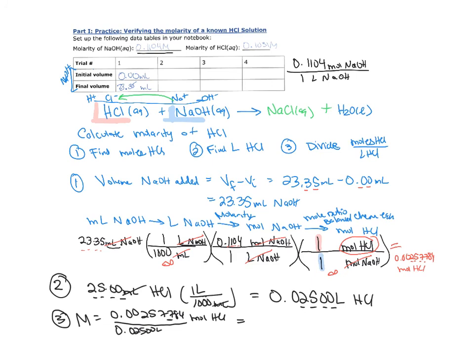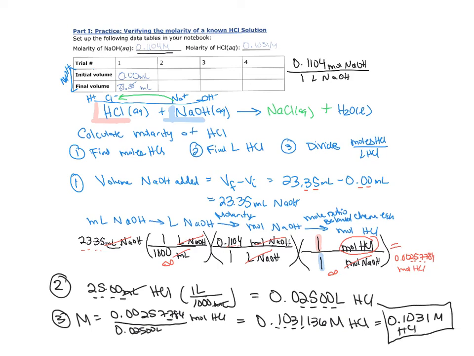I did that math in my head. Or you can type in the moles again and divide it by 0.025, and I end up with 0.103136 moles over liters is capital M, HCl, rounding to 4 sig figs, 0.1031 molarity HCl.